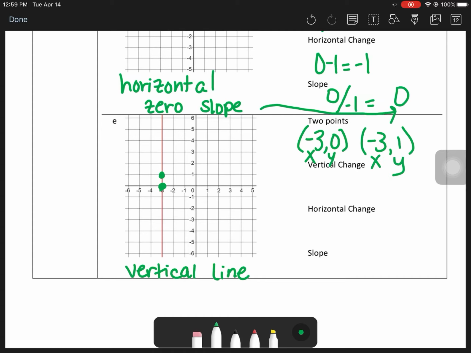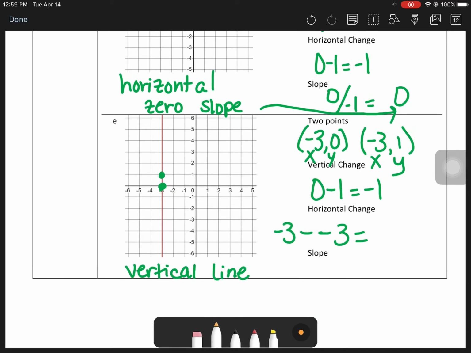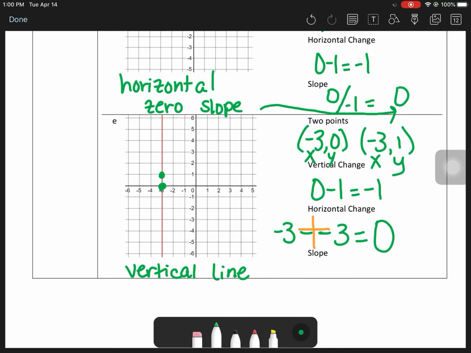So let's subtract our y values. 0 take away 1 is -1. And then -3 take away -3. Remember, when you take away a negative, that changes it to a plus. So what is -3 plus 3? That's going to be 0.